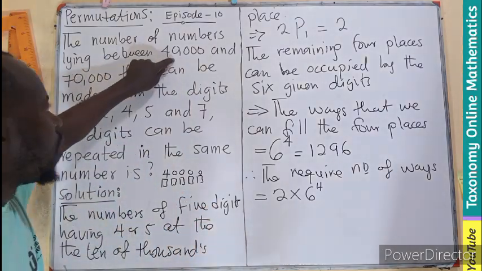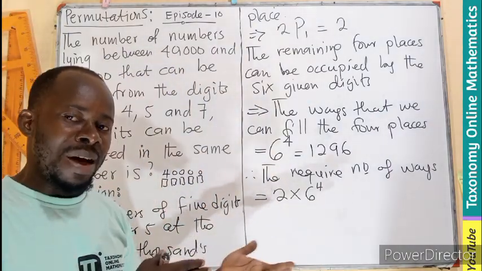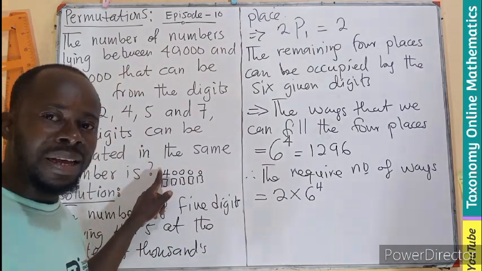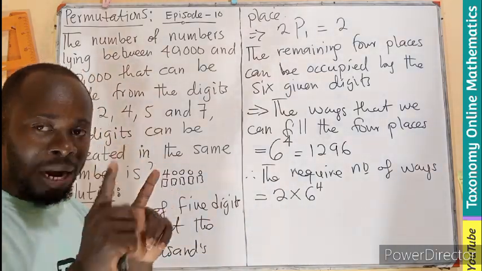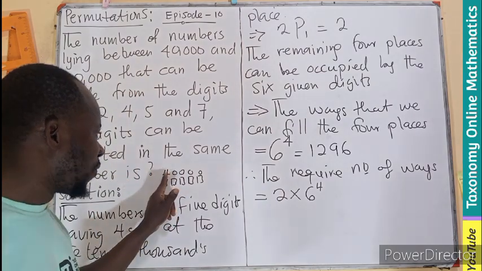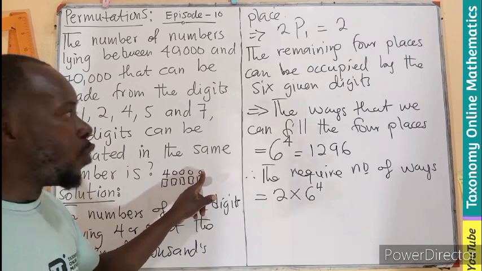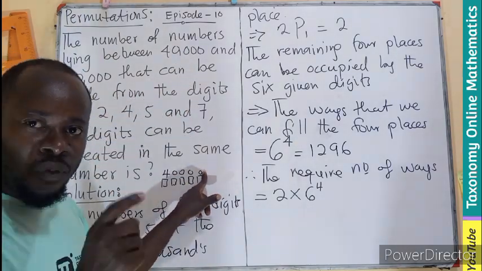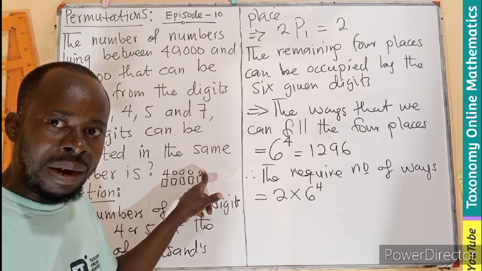So if this number can also be inside the 1,296, then it means that number is not between 40,000 and 70,000. So that number is not part. This very number. And how many of them can we see inside? It can only be 1. The moment this becomes 4, 0, 0, 0, 1, it is going to be between 40,000 and 70,000, so it is not an outlier.